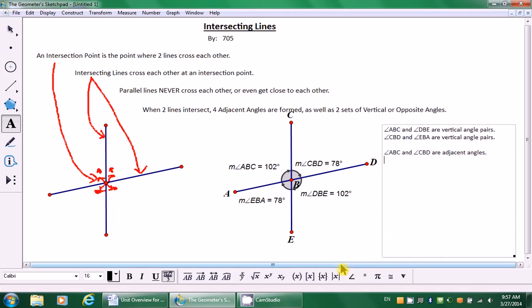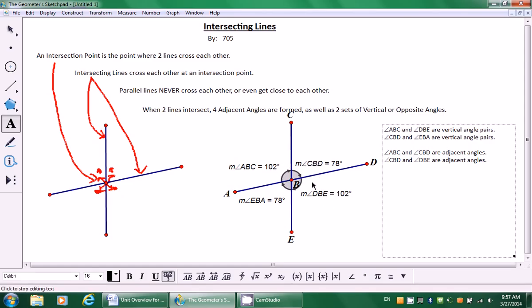Now let's talk about the relationship between angle CBD and angle DBE. Angle CBD and angle DBE are adjacent angles. Now you notice adjacent angles do not have to be congruent or equal.